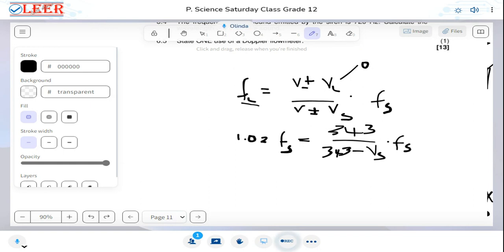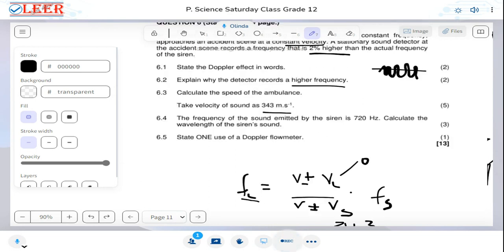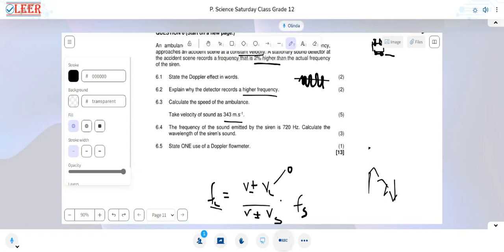The frequencies cancel each other out and we have one unknown, the velocity of the source, which will be 6.73 meters per second.